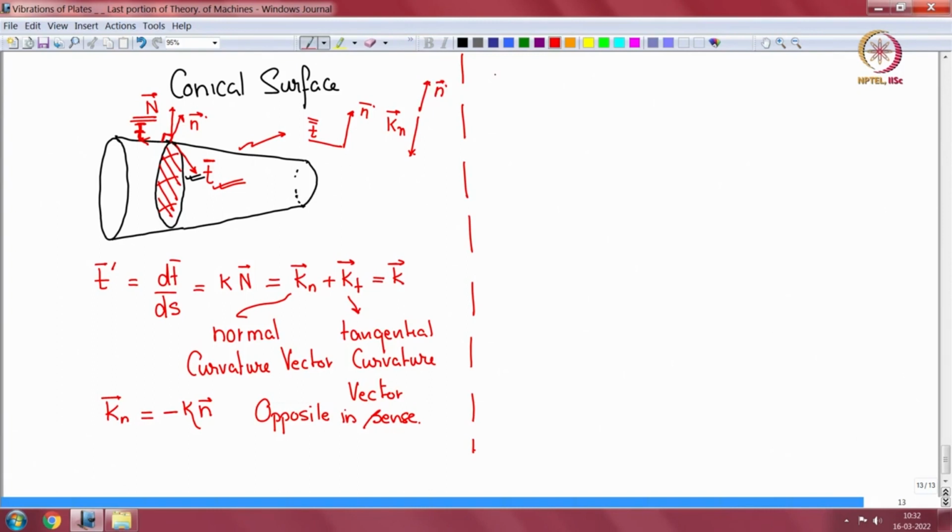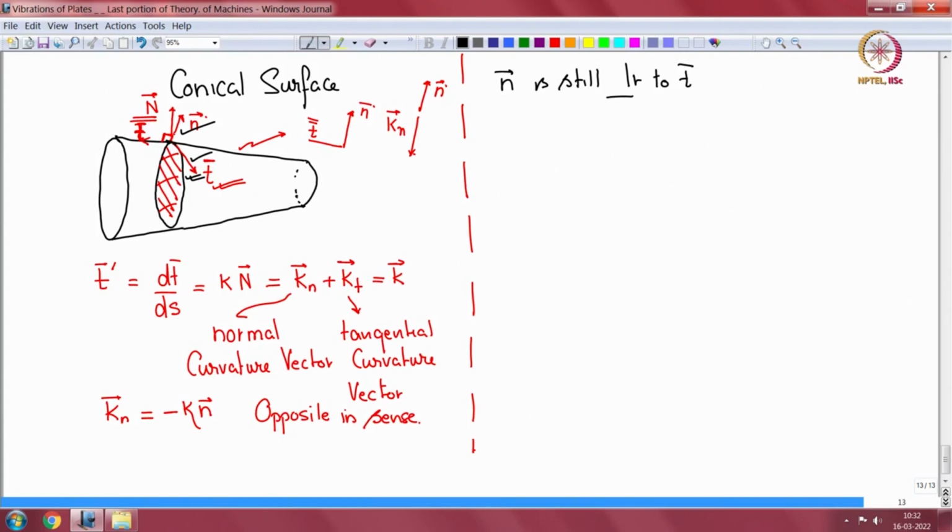And n is still perpendicular to T bar. Why? Because it is normal to this.